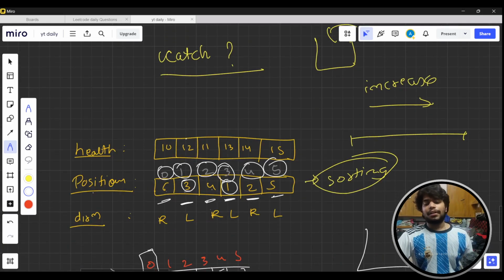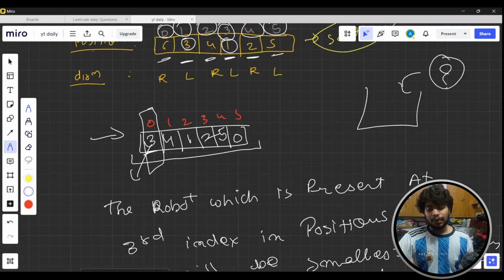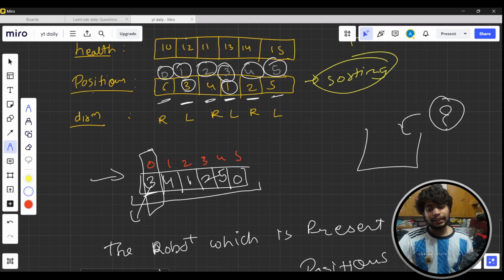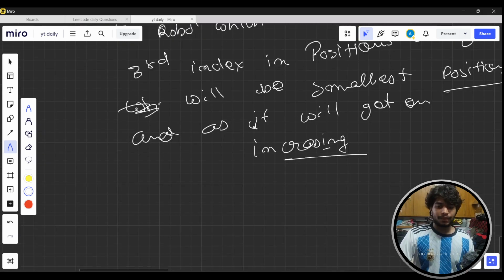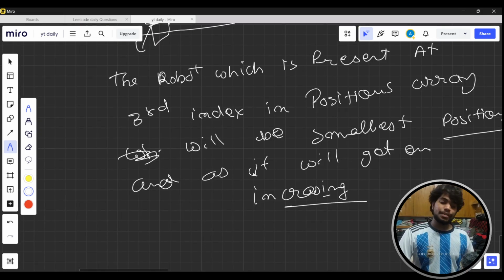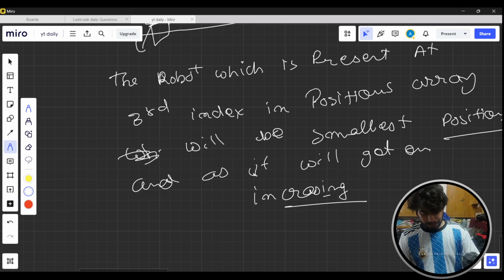So you might be wondering why I'm only putting the right moving robot in the stack. Okay, so first let's look into the code and try to understand.